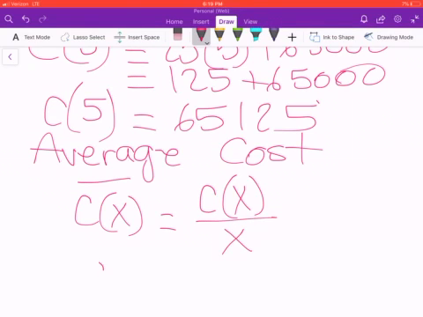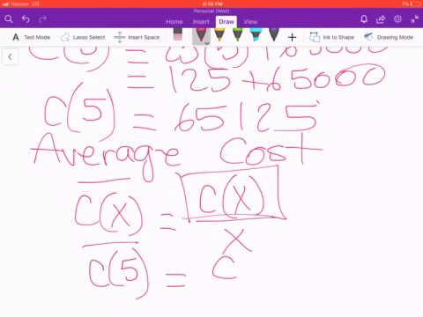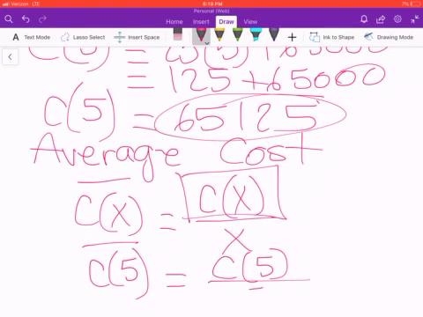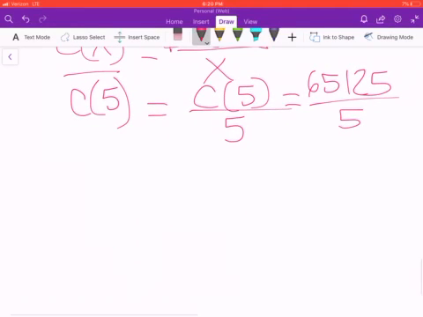If I ask you what is the average cost of 5 textbooks, we already have this part, C of 5, we did it here. Then we divide it by 5 because those were the 5 textbooks. So this will be 65,125 divided by 5. And then from there we will get the cost.